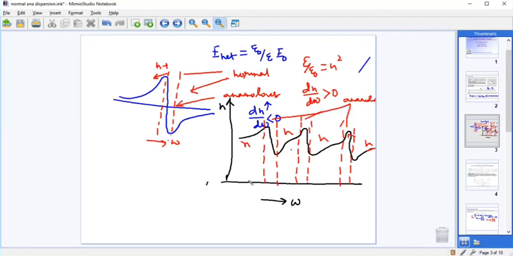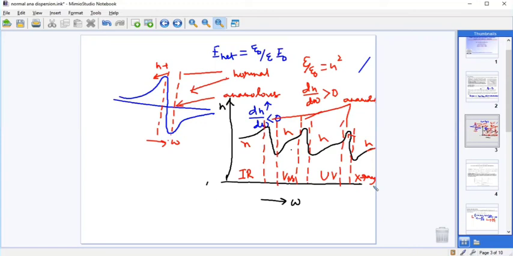So in case of frequency, this part is the infrared region, this part is the visible region, this part is the ultraviolet region, and this part is the X-ray, right? So this illustrates a typical distribution of resonances, with electronic resonances in the UV, vibrational and rotational resonances in the IR, and core electronic resonances in the X-ray region.